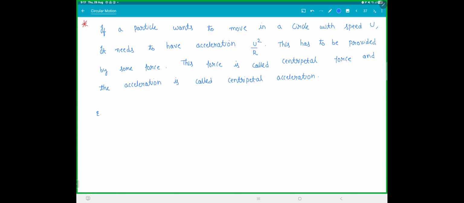So example. When the Earth is going in a circle, who is providing the centripetal force? The gravitational force. So here, gravitational force is a centripetal force.